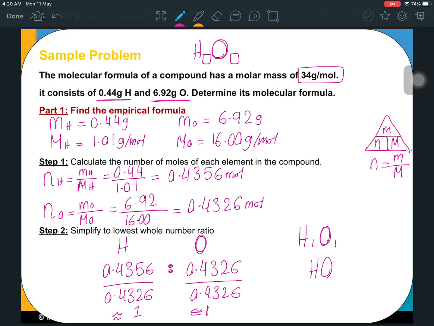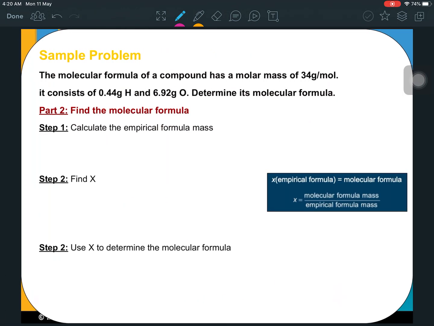There we go. So now we found our empirical formula, but we are not done yet, because remember, the question asked us to find the molecular formula. As you remember from yesterday, we can find the molecular formula if we are given the molar mass of the molecular formula. So let's try this out.